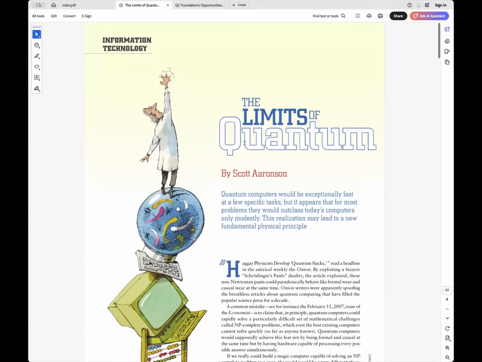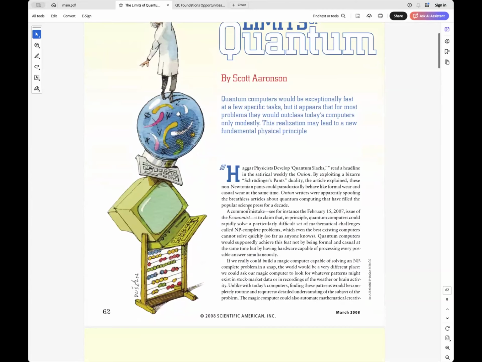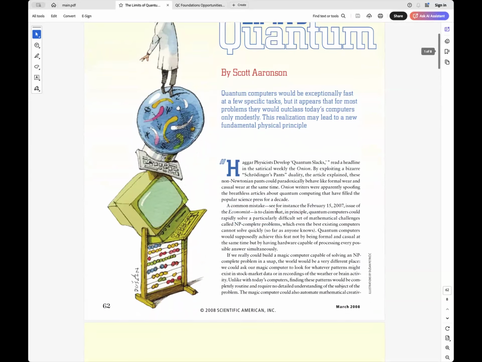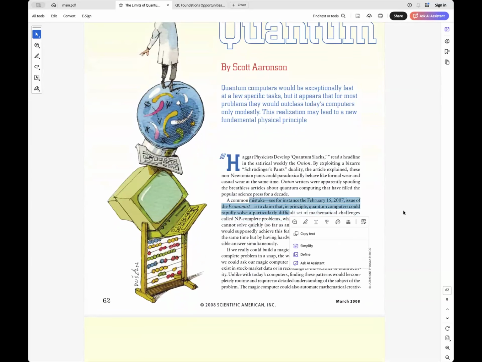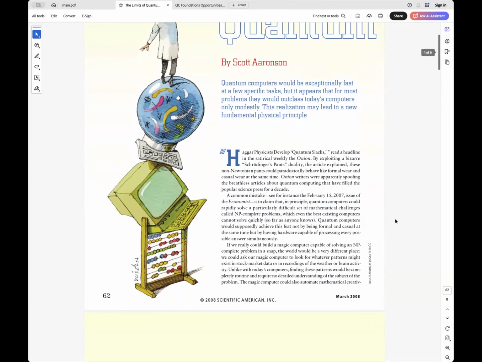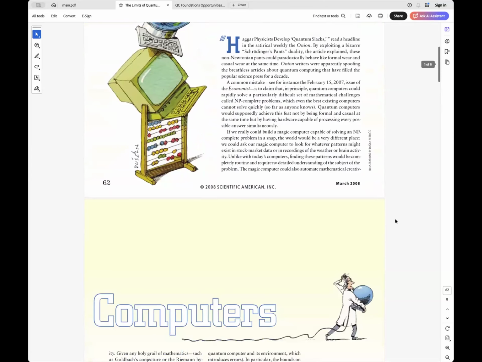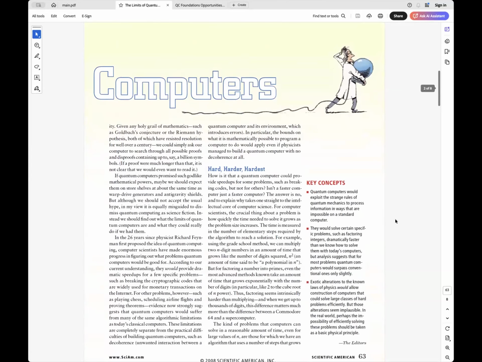This article addresses what the limits of quantum computing are, because there is some news on the internet that, for example, quantum computers could rapidly solve certain problems, including all the problems that we call NP-complete. So what is NP-complete? We will see this very soon, but this was a common mistake in the news, and there was a lot of misunderstanding, even at that time, about what quantum computers were about.